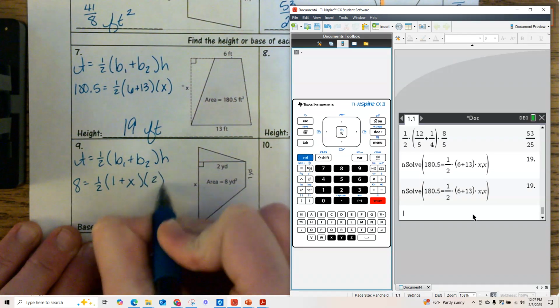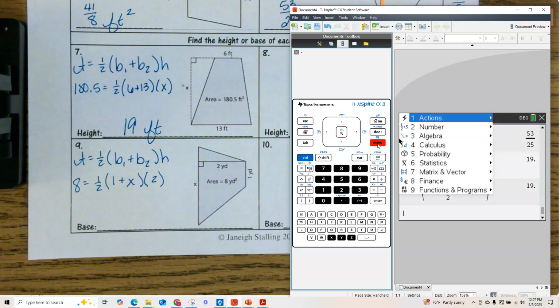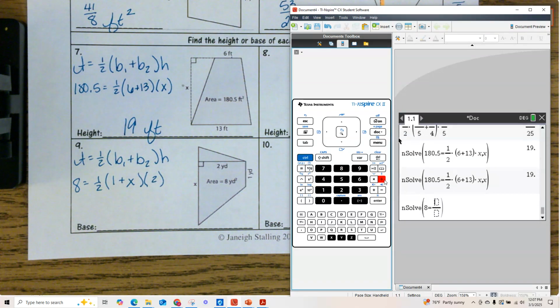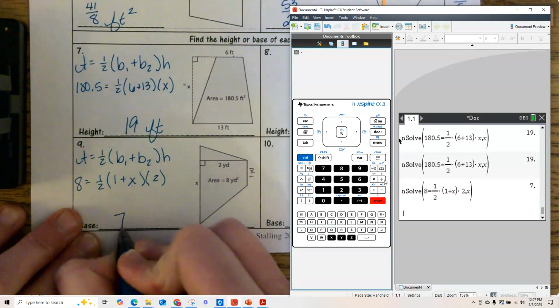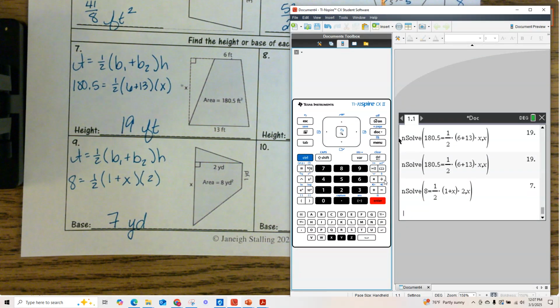And then our height is 2. This one should work out okay. So 1/2 and then 1 plus x. Height is 2, comma x. Our other base would have to be 7 yards.